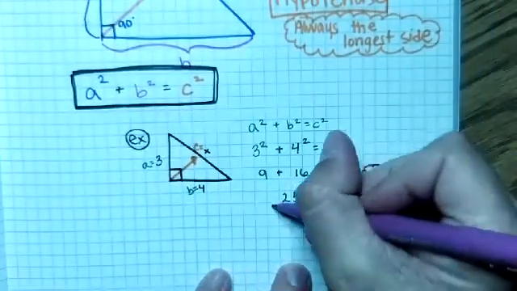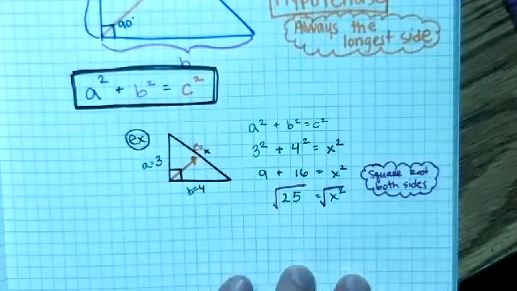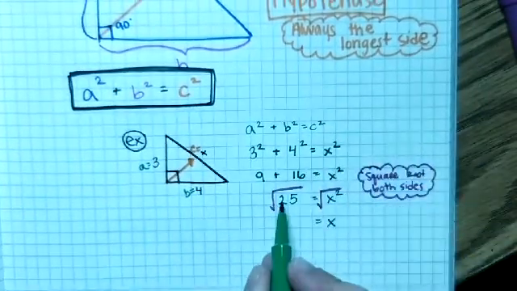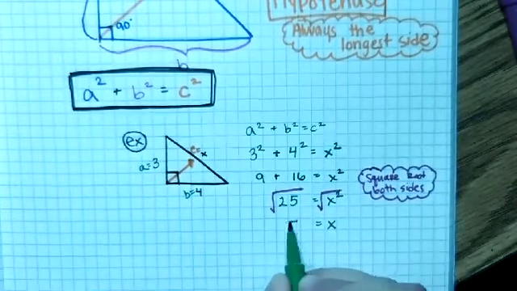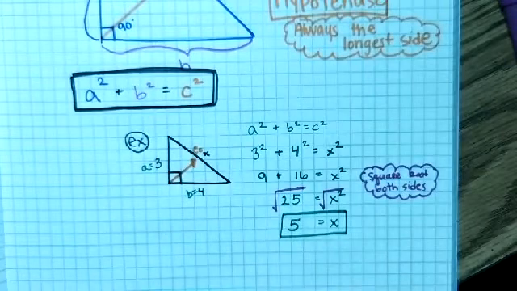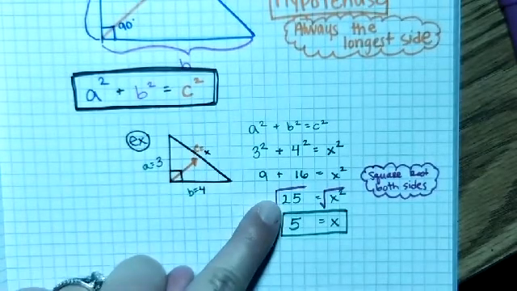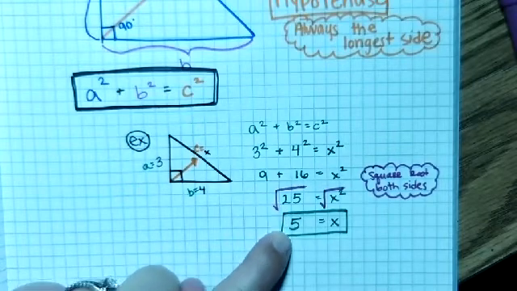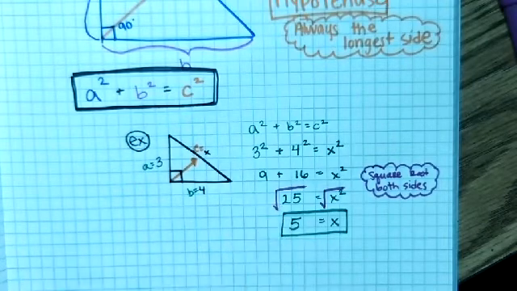That's what the square root is, and that gets rid of that squared. So then we have X equals the square root of 25 is 5. Remember what square root is? That means that there's a number that times itself gives us 25, which makes sense that it's 5 because 5 times 5 would be that 25.